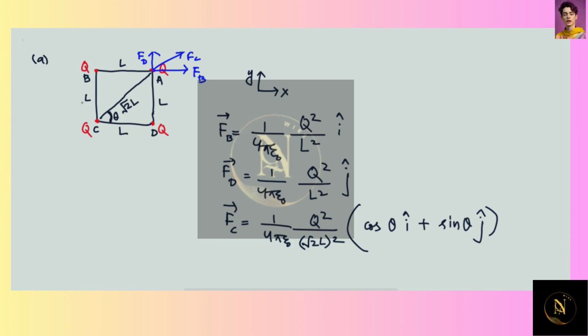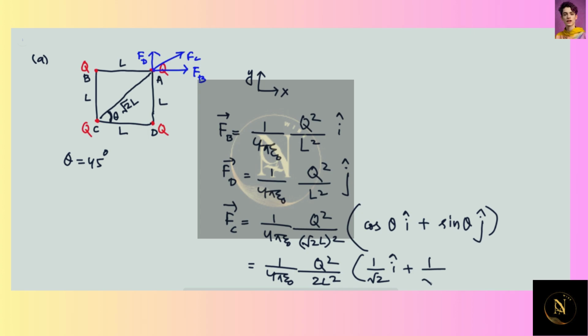Since this is a square, this angle theta is 45 degrees, and cos theta and sine theta for 45 degrees are the same, equal to 1 over root 2. Let me just simplify this. So this is going to be 2L square, 1 over root 2 i cap for cos theta and 1 over root 2 j cap for sin theta.